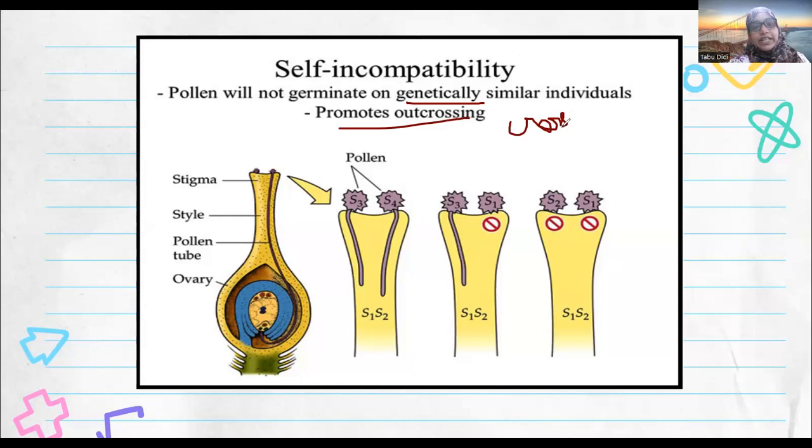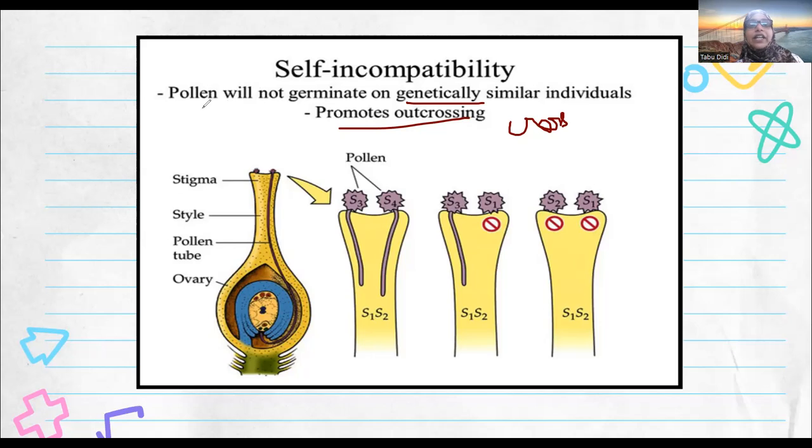So we get all these types of plants, and this will be possible only when there is different genetic makeup of different plants. Because if the same flower is fertilizing the same plant again and again, the vigor of the plant reduces, the plant is more disease susceptible, and the genetic variety is not there.